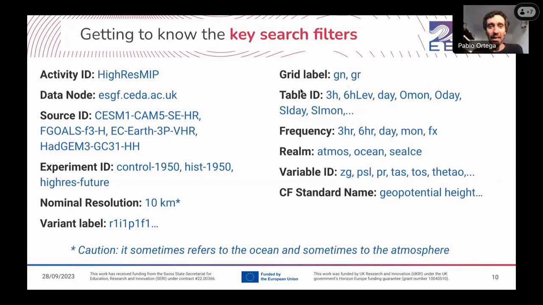Then the grid label, what you only need to learn is to distinguish these two. GN stands for native grid, and these are usually irregular grids in the ocean, and they can be tricky depending on what you want to do. You might need them absolutely, no? If you're computing budgets of energy, for example, you need them.